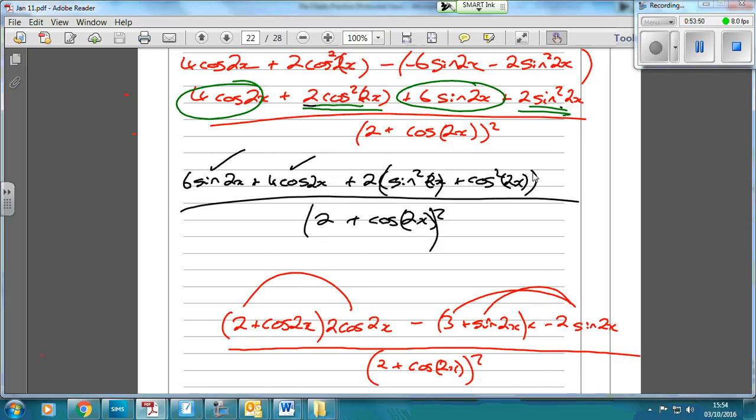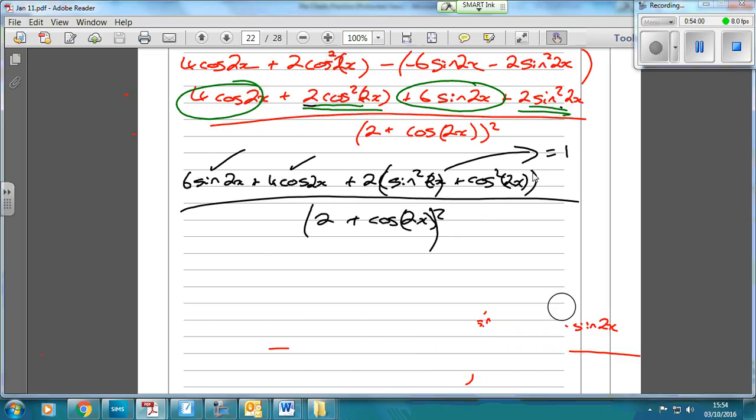What we factorise out there is sine squared plus cos squared, which we know just equals 1. In the exam, I might just write down that sine squared 2x plus cos squared 2x equals 1.